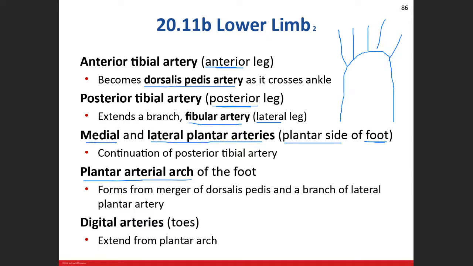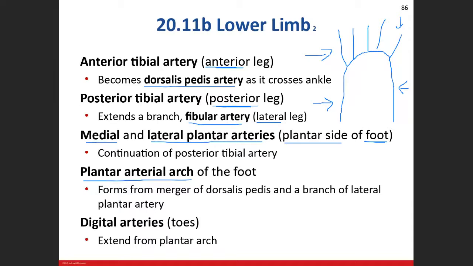And those are your digital arteries. Depending on if this is the big toe here, then this artery is going to be the medial plantar artery. And if this is your little toe, your pinky toe here, then this will be the lateral plantar artery.